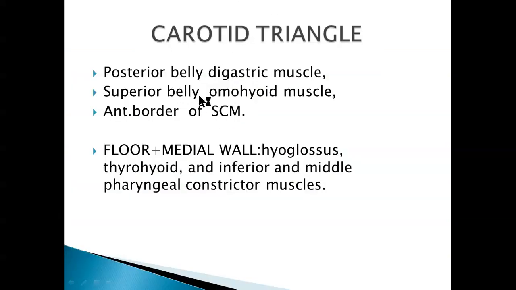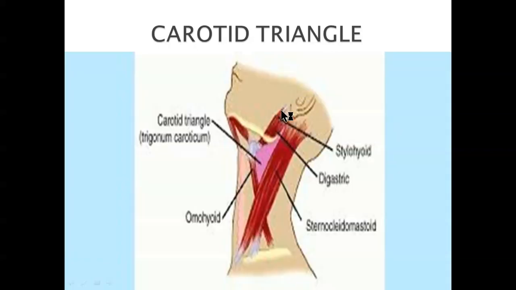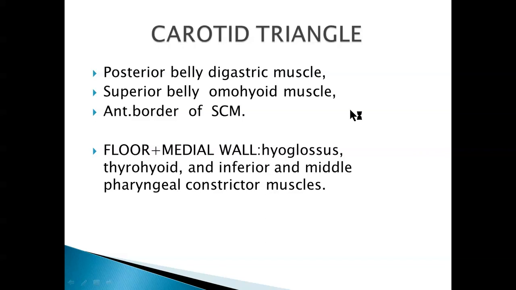So for the carotid triangle, here we can see the posterior belly of digastric muscle, the superior belly of omohyoid, and the anterior border of SCM.